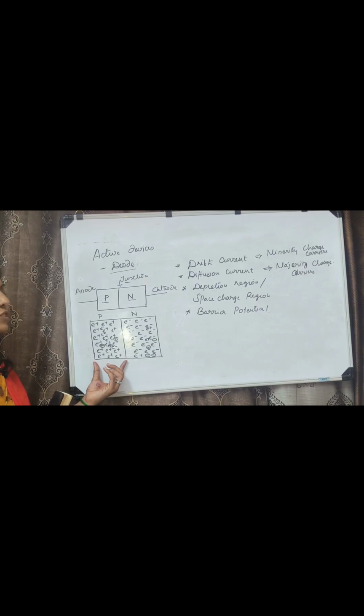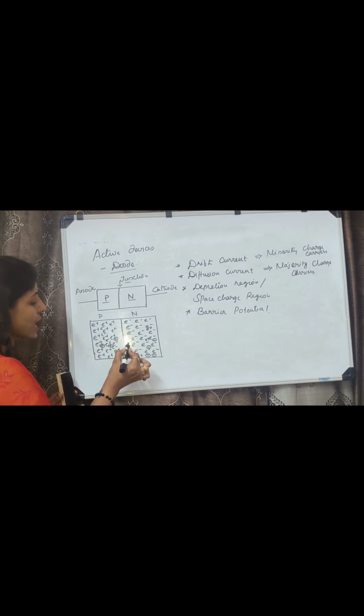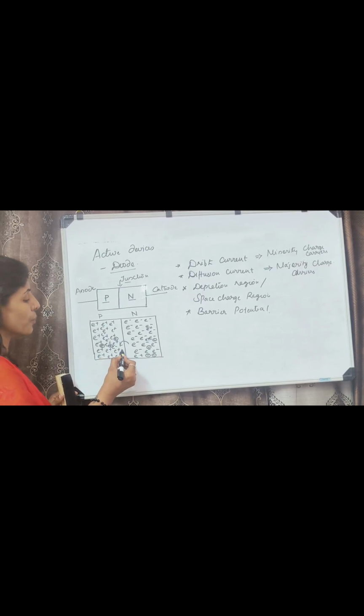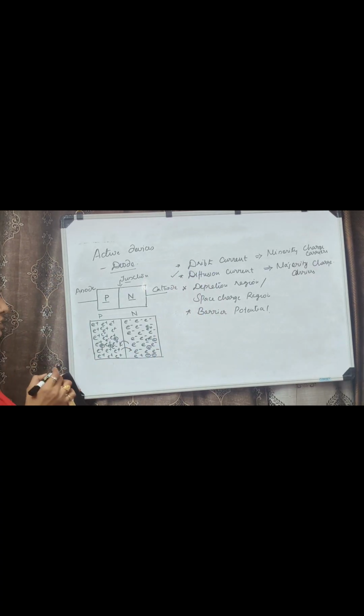See here, which are the majority charge carriers? Holes. Here, which are the majority charge carriers? Electrons. The majority charge carrier electrons move from the N region towards the P region, as well as the holes, which are the majority charge carriers, move from the P region to the N region. That current is termed a diffusion current.